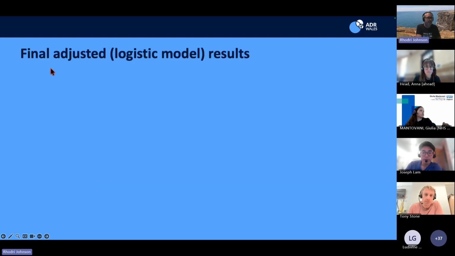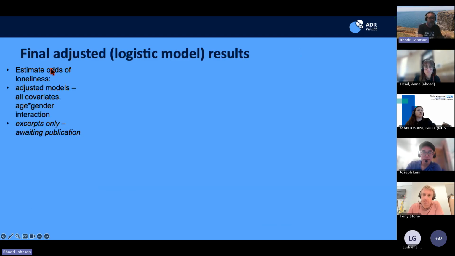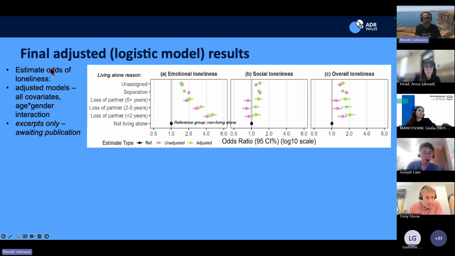Lots of links there. So the final adjusted model results. We've got the estimated odds of loneliness, adjusted models, all covariates, including the age, gender interaction again, but only excerpts really. We've got the 3 types of loneliness. This is the living alone reason. On the left we've got the unassigned group, separation, and then the 3 loss of partner groups with the additional duration of living alone, and then the reference group of not living alone.